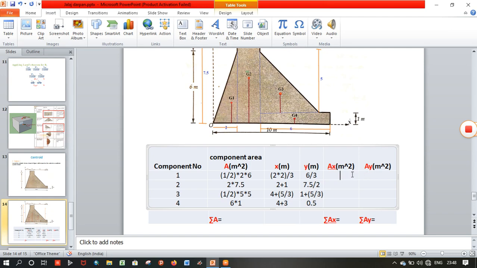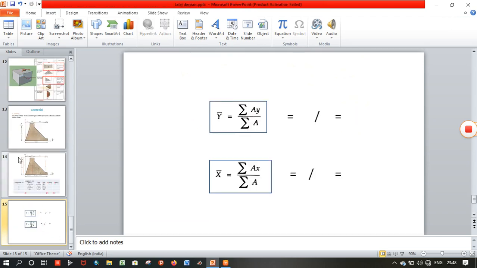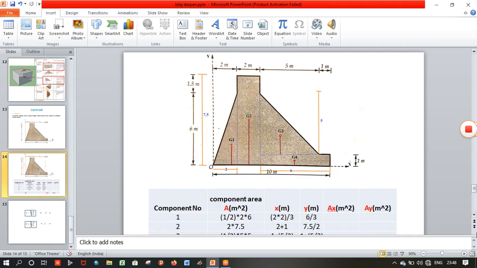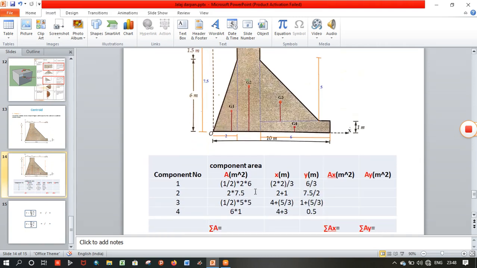You can multiply these two parameters and add them here. After that, add all these Ax, it is called sigma Ax.